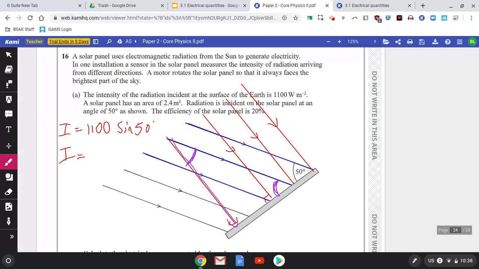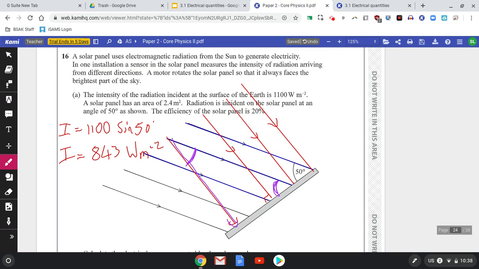So the intensity incident on the solar cell is, let me just calculate that, 842, okay, 843 watts per meter squared.